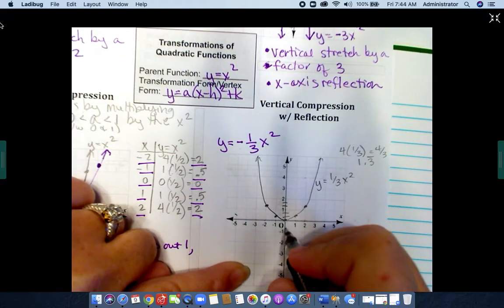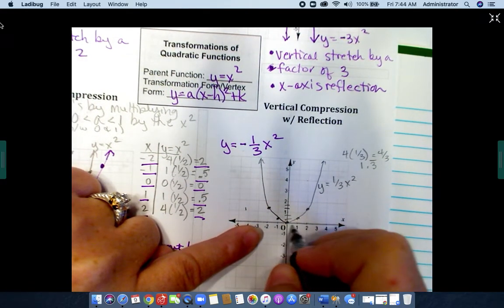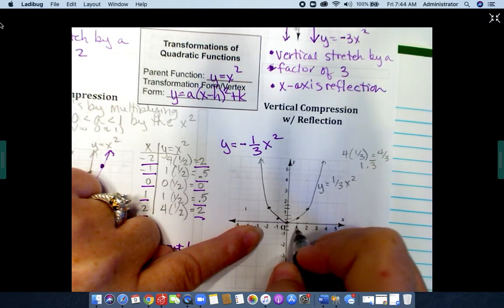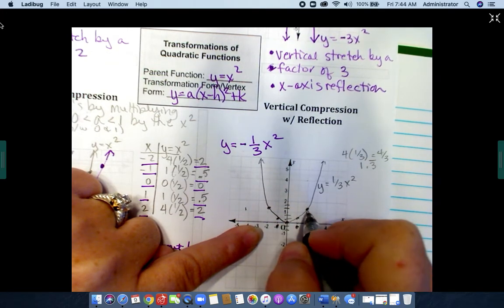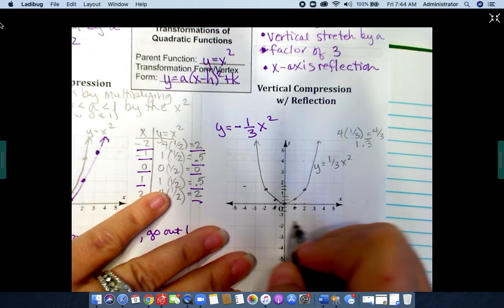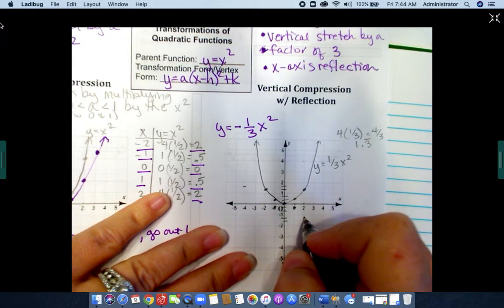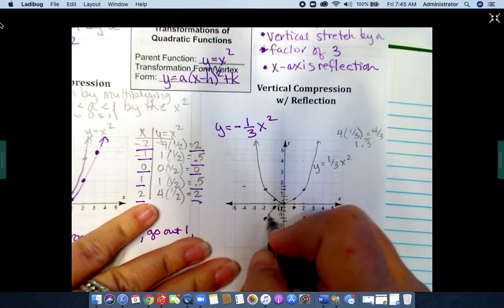Now with a negative, all I do is flip these points down. So I keep my vertex. This out 1, up 1/3. Instead, I'm going to go out 1, down 1/3. Instead of out 2, up 1 1/3, I'm going to go out 2, down 1 1/3. Now I'm going to connect.